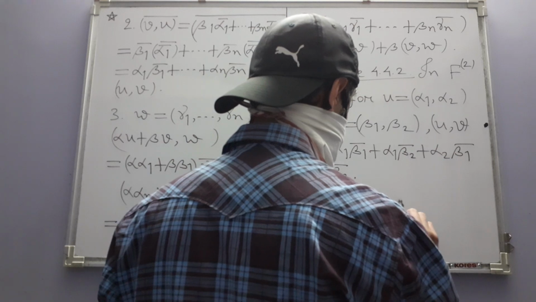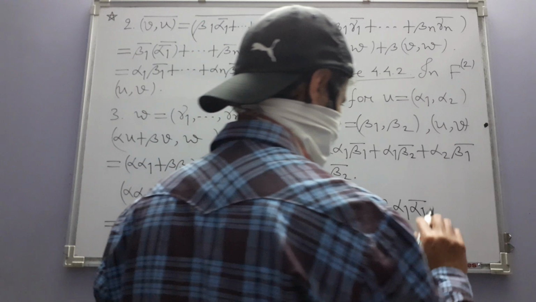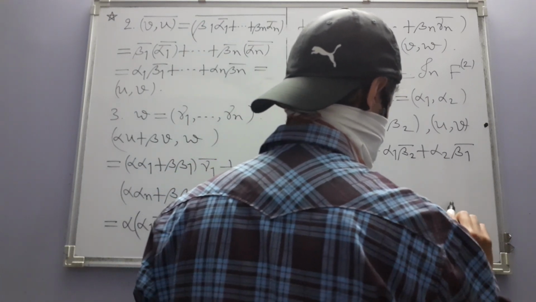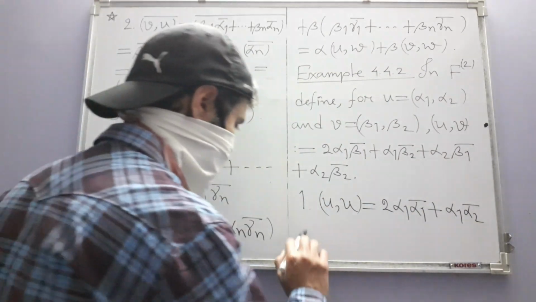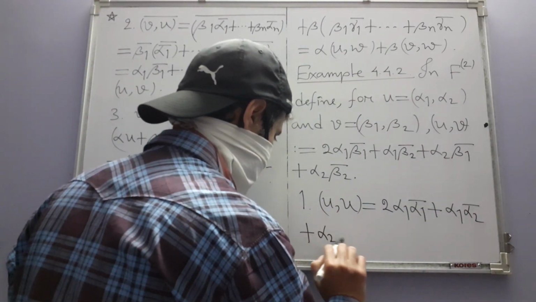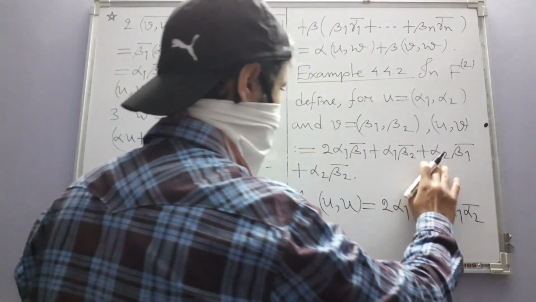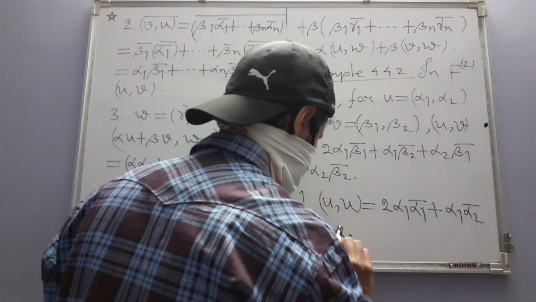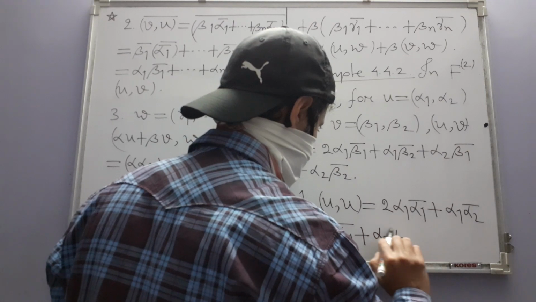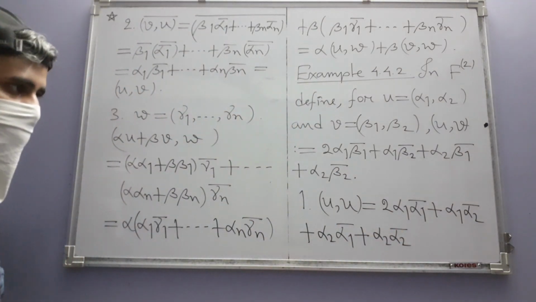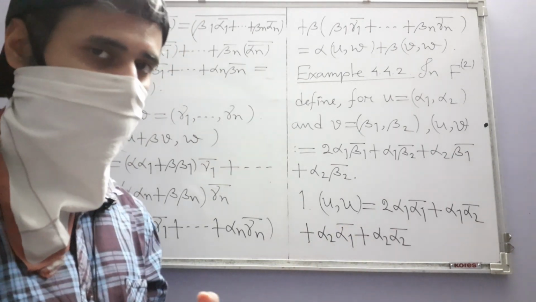So the first term here is this 2 alpha 1 alpha 1 bar, then alpha 1 alpha 2 bar plus alpha 2 alpha 1 bar plus alpha 2 alpha 2 bar. Keep in mind that although we have alphas, 1 and 2 are still there. We need to show that this is a non-negative real number.